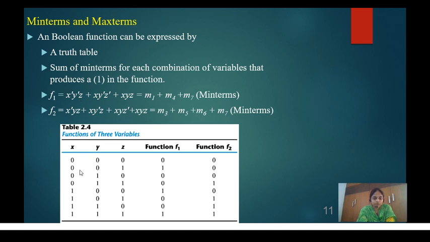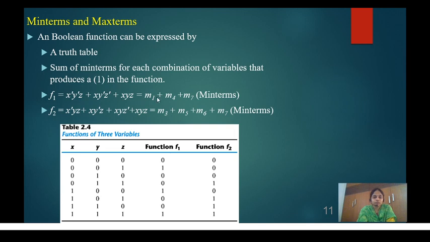For the combination 0, 0, 1, the function f1 will be 1. This term is present in the function f1. Similarly, x, y complement, z complement means x represents 1, y complement represents 0, z complement represents 0. So for the 1, 0, 0 combination the function is 1, and this term is present in this function. X, y, z can be represented by all ones, 1, 1, 1, so that is also 1.